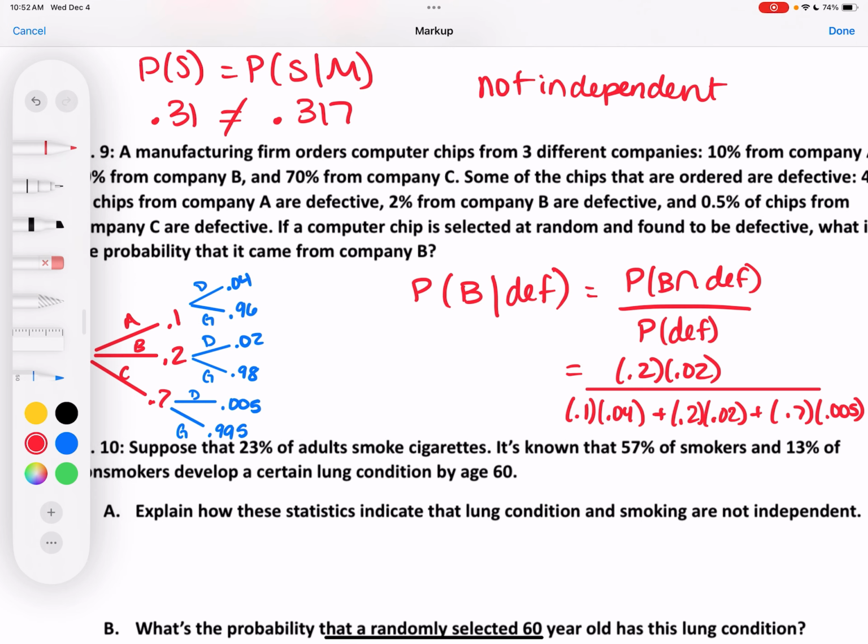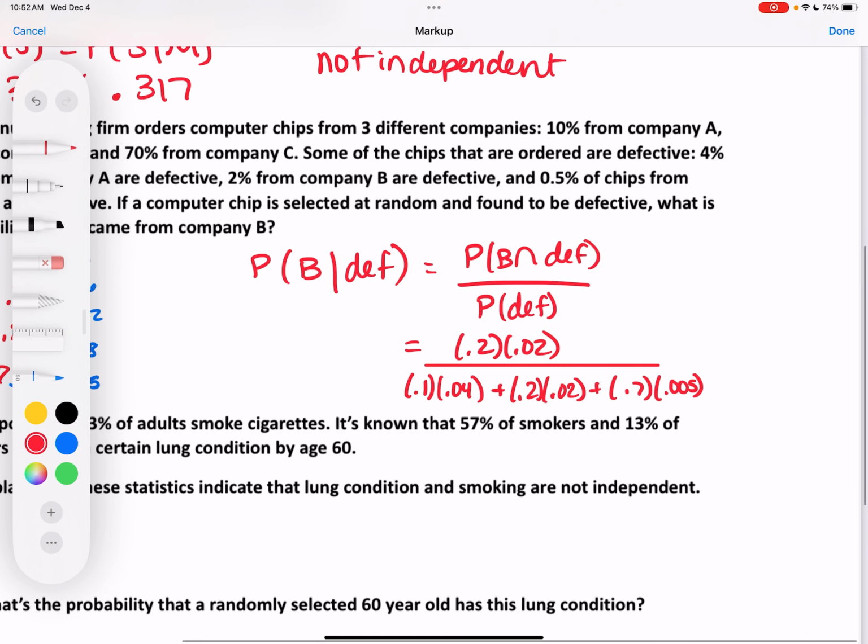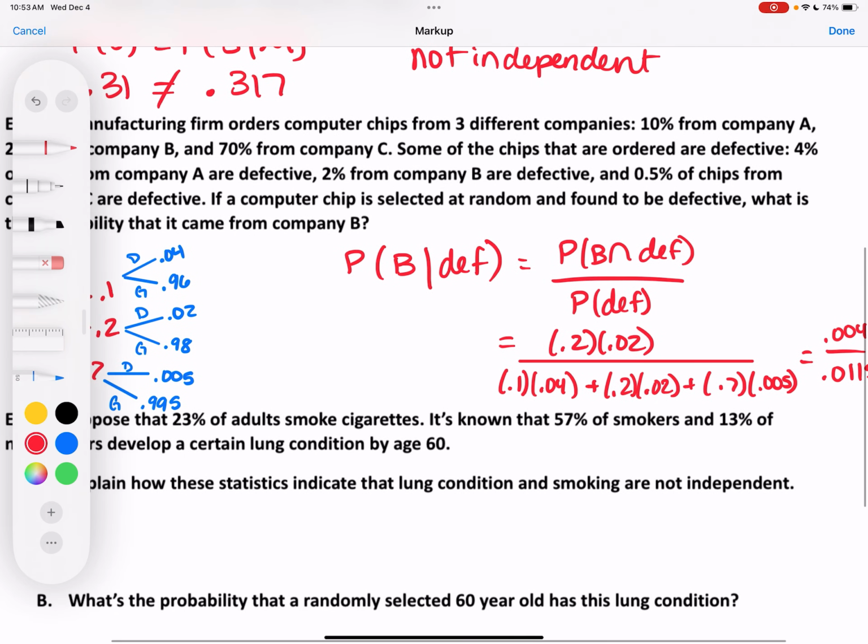When we do this, this ends up giving us 0.004 on top over 0.0115, for a total of 0.348. So basically, there's a 34.8% chance that if it's defective, it's from company B.